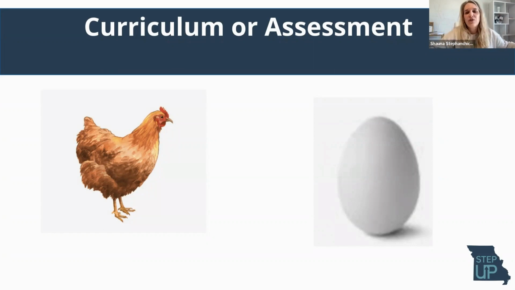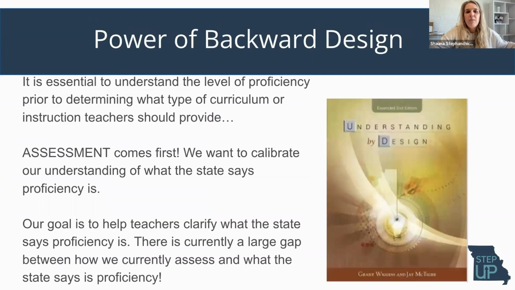And then have your teachers talk about that. It's really interesting and a formative assessment for you. And I put the chicken and the egg because you can debate it a lot of different ways. And it's great to hear your teachers thinking around those different things and why they think curriculum or assessment should come first. But ultimately at our company, we believe assessment would come first.